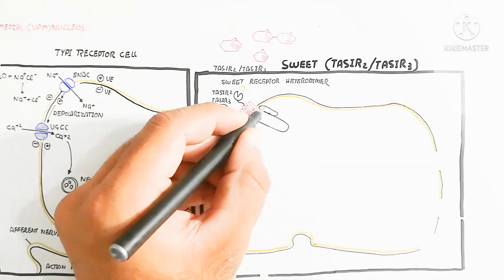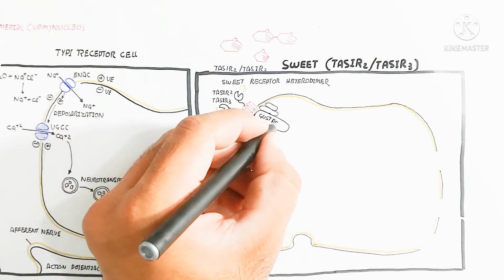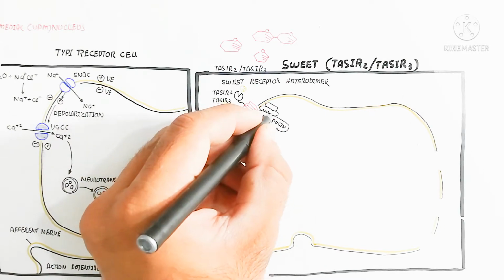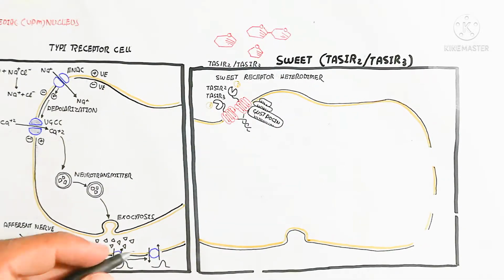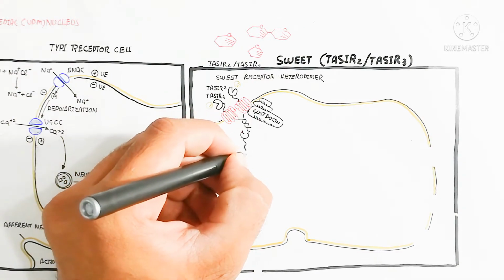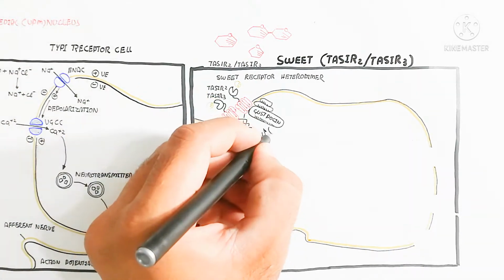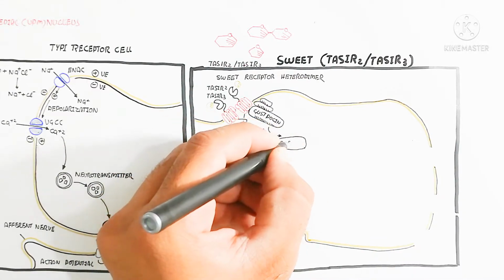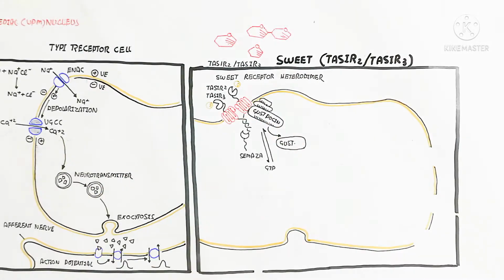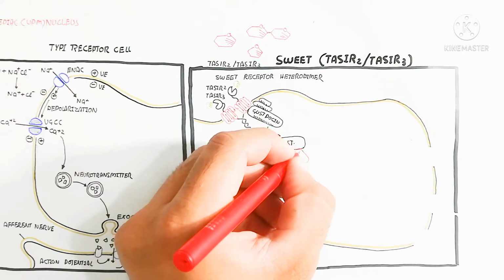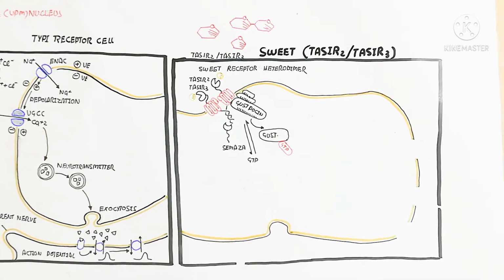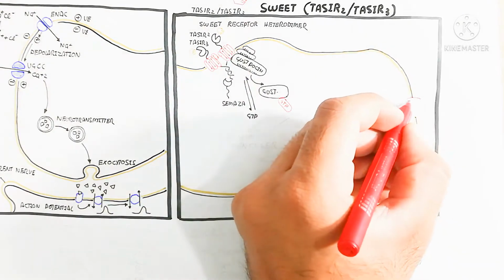Glucose is the ligand, and it binds and stimulates the detachment of gustducin. Gustducin is basically the alpha subunit and will be detached.